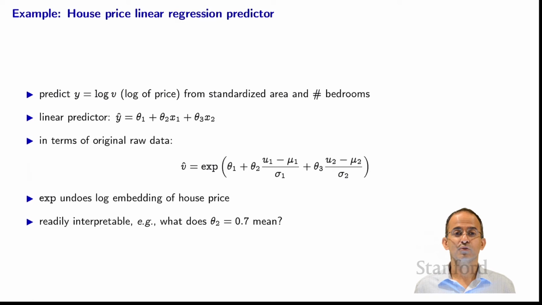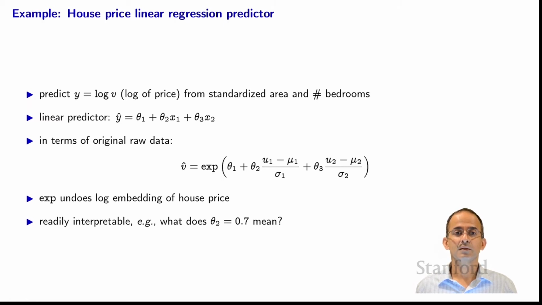And so our predicted price is constructed by inverting that embedding y is log v, using v hat is the exponential of y. So v hat is going to be the exponential of theta 1 plus theta 2 times u1 minus mu1 over sigma 1 plus theta 3 times u2 minus mu2 over sigma 2. And this is very interpretable. So for example, if theta 2 is 0.7, what does that mean?